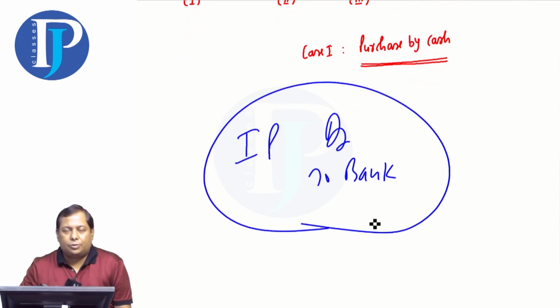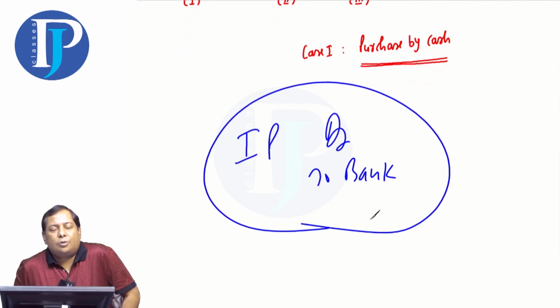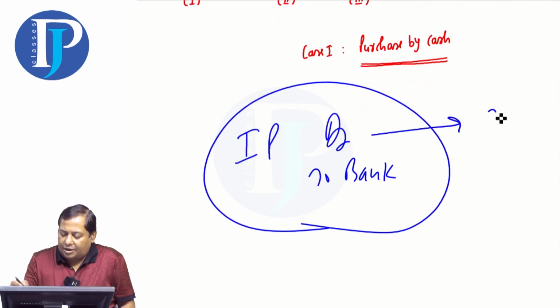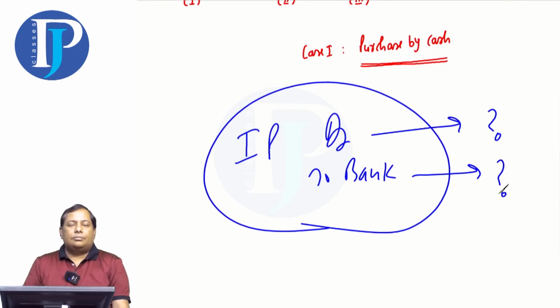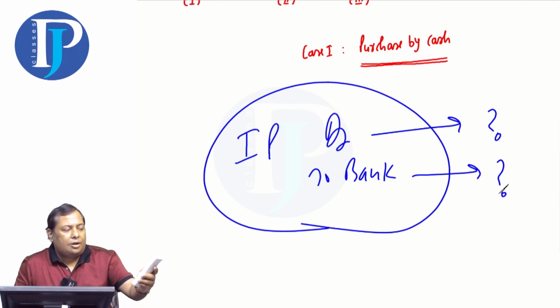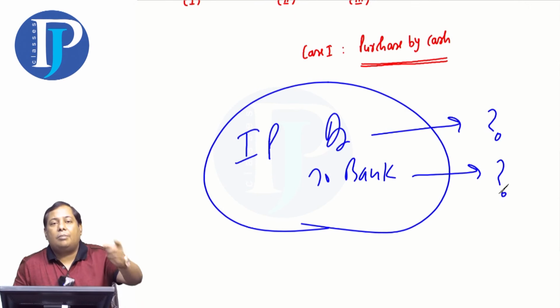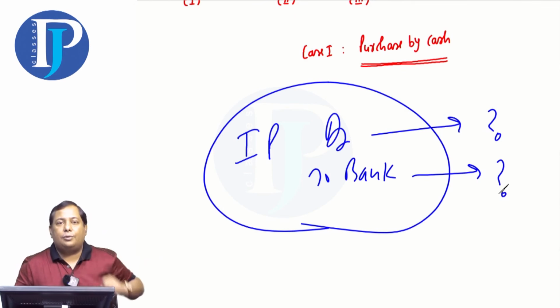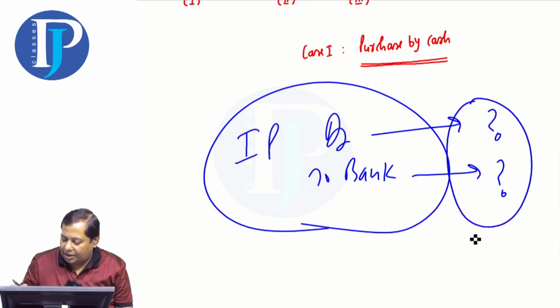The entry has been passed, but everyone has the same question. At what amount will this entry be passed? The entry itself isn't the confusion, but the amount at which the asset is recorded in the books is confusing. And this is called cost of assets.